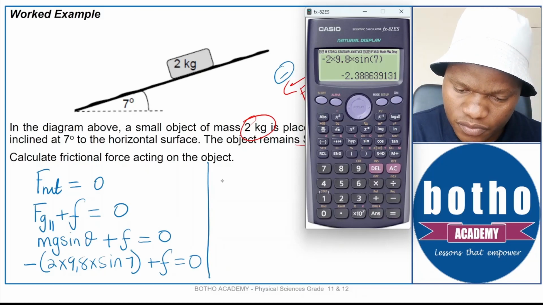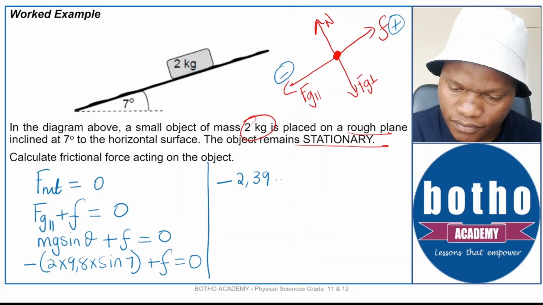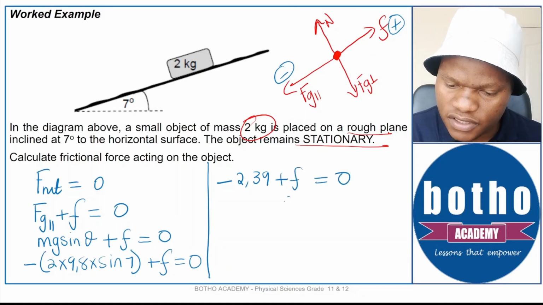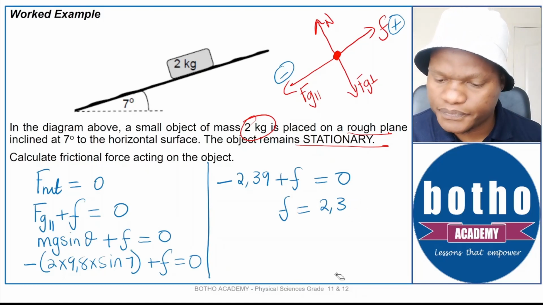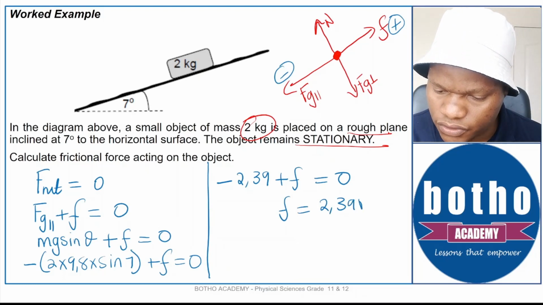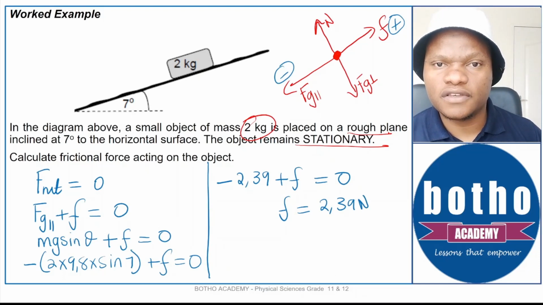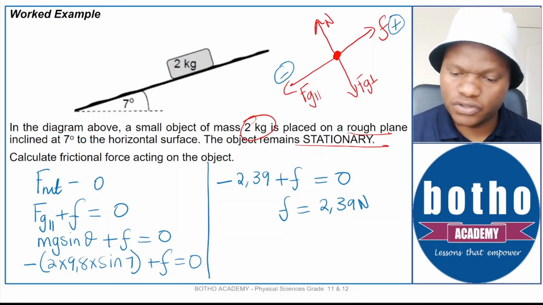So this becomes negative 2,39 plus frictional force is equal to 0. This therefore means the frictional force is equal to 2,39 newtons. This is our final answer for the frictional force, because that's what we are asked to calculate according to the question.